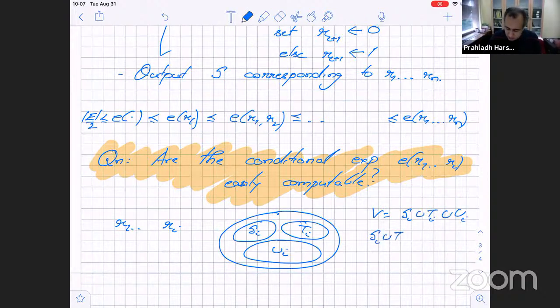Si union Ti is exactly the first i vertices, and it tells you the corresponding cut determined by the random coins R1 to Ri, and Ui is, I have no idea what those are. So this is my partial information. At this point of time, I know Si is in the cut, Ti is not in the cut, and Ui are vertices whose cut value has not yet been determined.